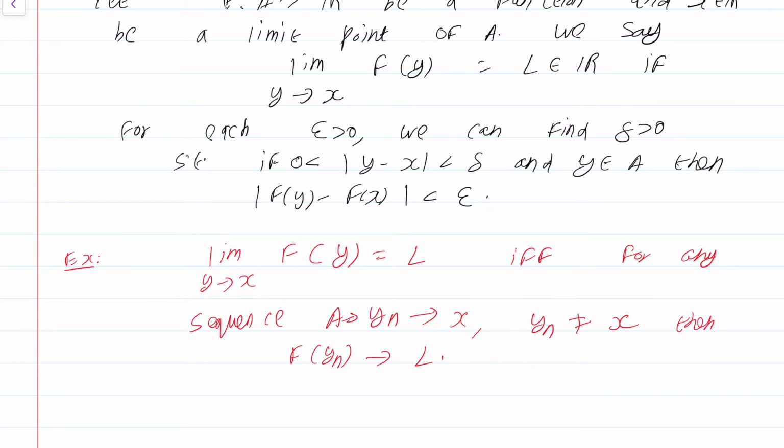Okay. Now again, one of the reasons why we took x to be a limit point and not just any adherent point is because there might not be any sequence satisfying the condition yn converging to x and yn not equal to x unless this point x is a limit point and not merely any old adherent point.